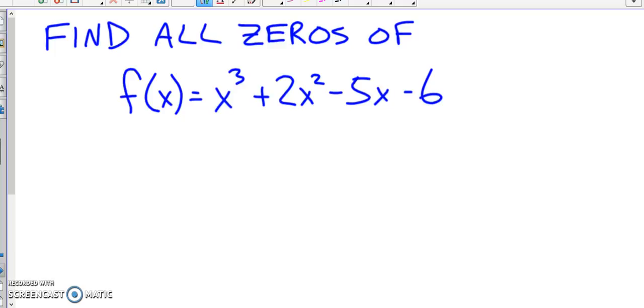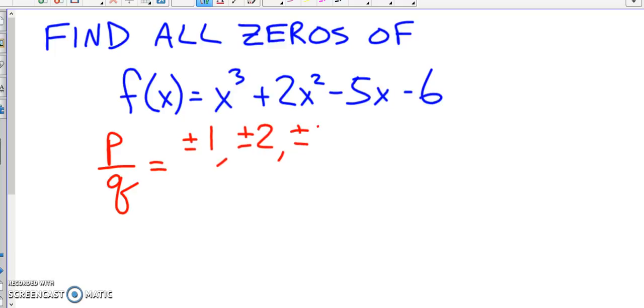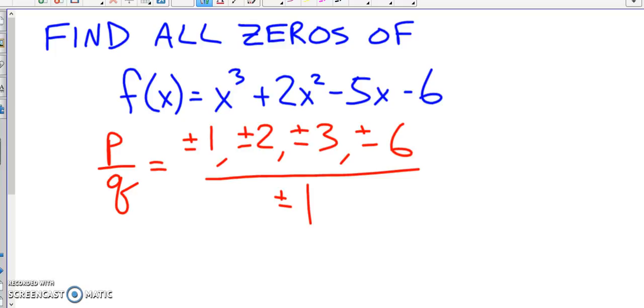Well, the first thing we would do is generate the list of possibilities. So what do we have? It's always nice when the leading coefficient is 1, that way you don't have to mess with any fractions. It's a beautiful thing.